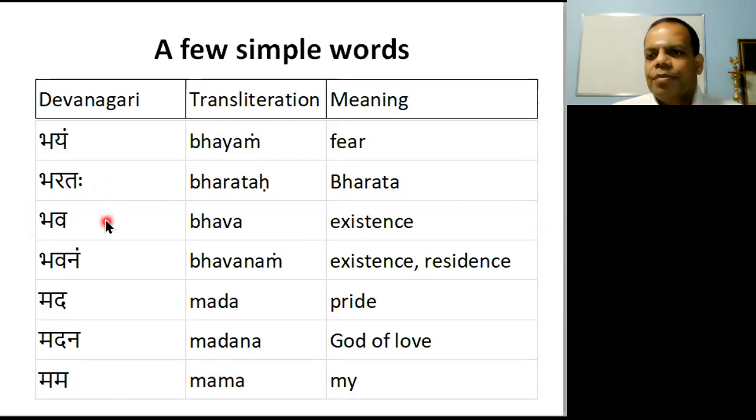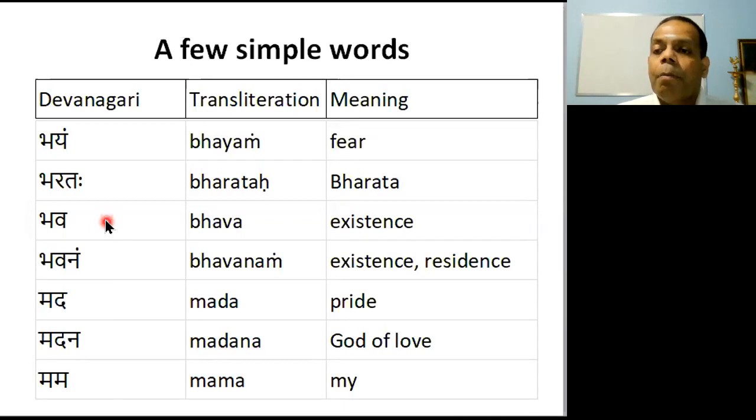So the next word is bhava, again the fourth letter in the pa varga. You will see why I have used so many fourth letter words: I felt that's the area where many people make mistakes. So I wanted to highlight all the common words which you come across in bhajans, where you have to pronounce it properly.